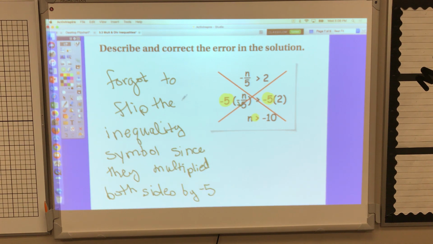Okay, so that's the error. To correct it, the only thing that needs to change is n, instead of greater than, had to switch to less than negative 10. So here's my description, here's my correction.